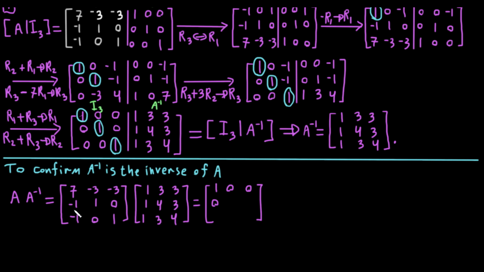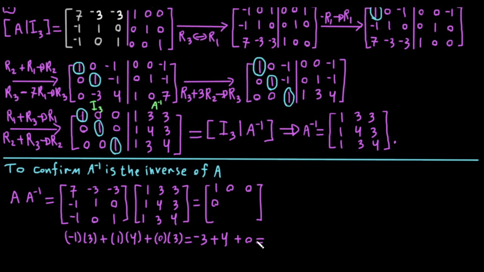To find this element, we have to multiply this row by this column. So negative 1 multiplied by 3 plus 1 multiplied by 4 plus 0 multiplied by 3 equal negative 1 multiplied by 3, which is negative 3, plus 1 multiplied by 4, which is 4, 0 multiplied by 3, which is 0.